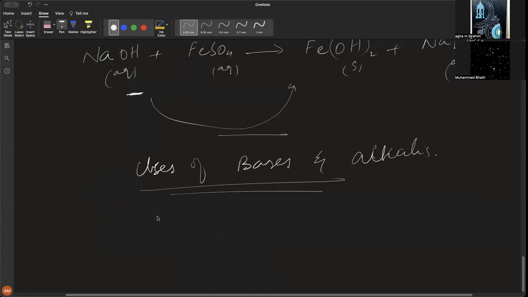Some bases like ammonium solutions, ammonia. Ammonia is an alkali. Some uses are window cleaning and fertilizers. Then we have calcium oxide.